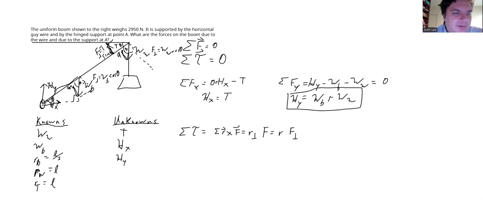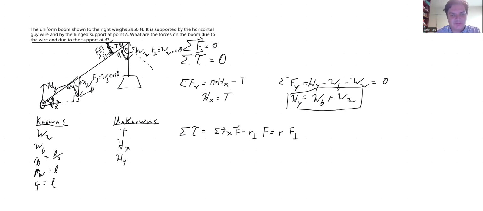So you can do the right hand rule in order to solve for what the torque is going to be. You can also just understand intuitively that if you pull something to the right down, it's going to cause a counterclockwise rotation. So those two weights are going to cause a counterclockwise rotation, which is a negative torque. And that tension, which is pulling something to the side, to the right, is going to cause a positive torque. So either way that you want to do that, that's fine.